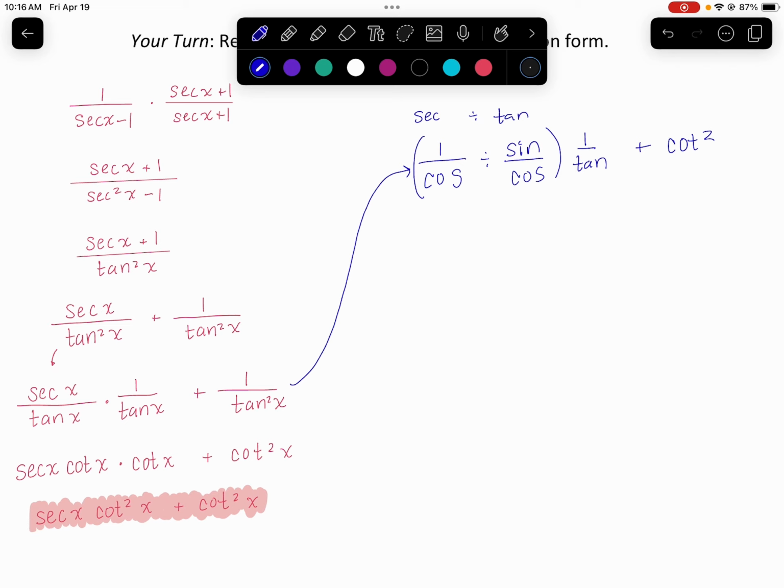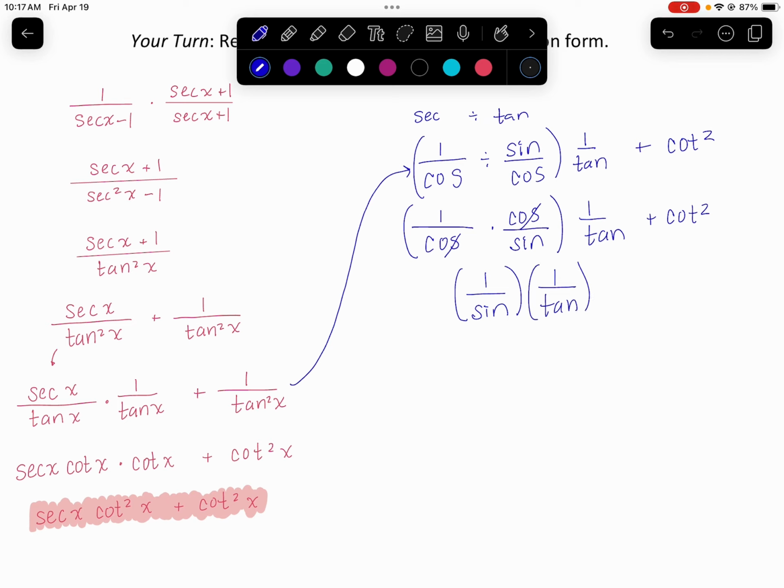And then from here, I'm going to continue to simplify. All right, and there is the other solution.